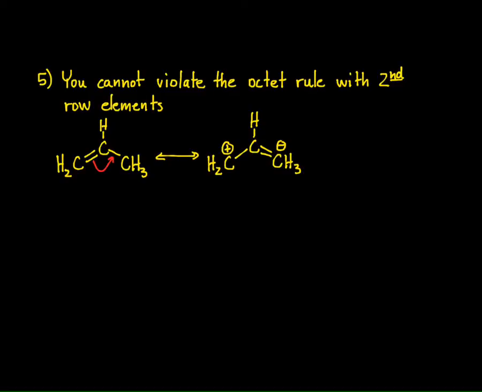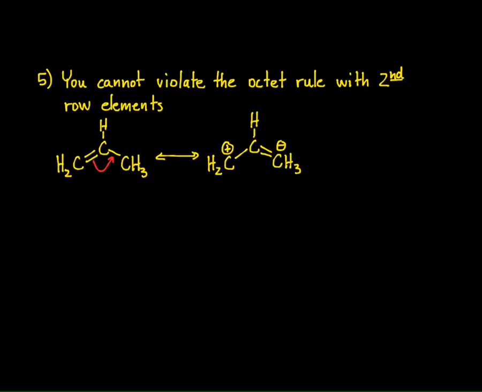Wrong. What's wrong with this picture? Look at it very closely. One of the things that abbreviating structures oftentimes does is students can lose track of how many electrons are around each atom. And if I look at that carbon on the right with the negative charge, it has 3 pair of electrons from the bonds of hydrogen.